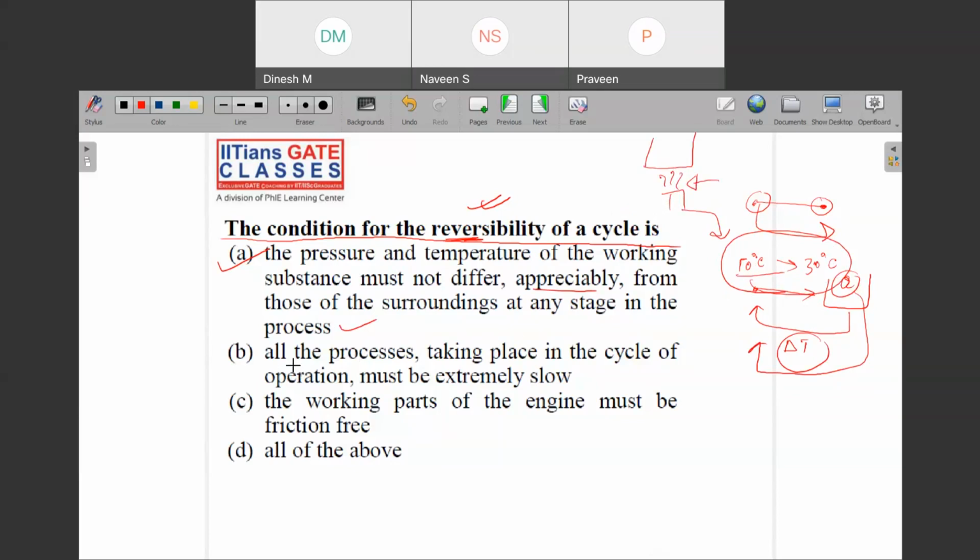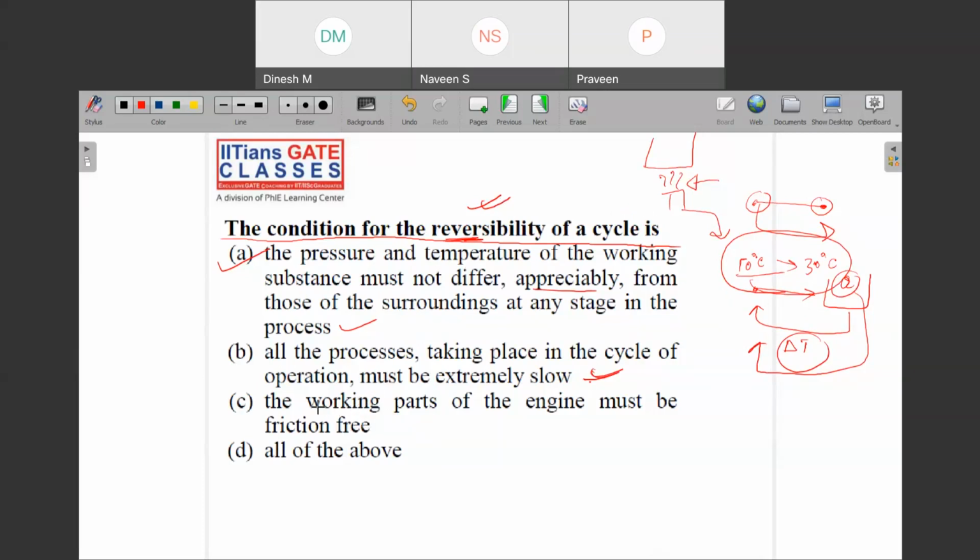Okay, next: all the processes taking place in the cycle of operation must be extremely slow. We have seen this one also, right? If you are not slow, then you are not in equilibrium, and if you are not in equilibrium, then this process cannot go reversibly.